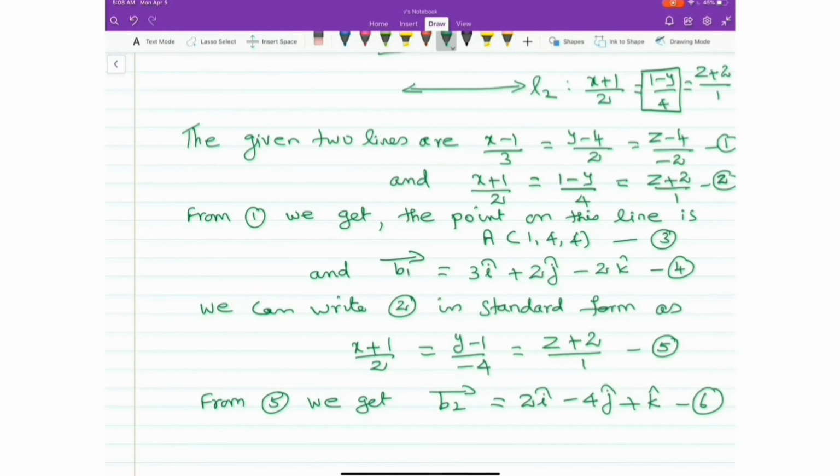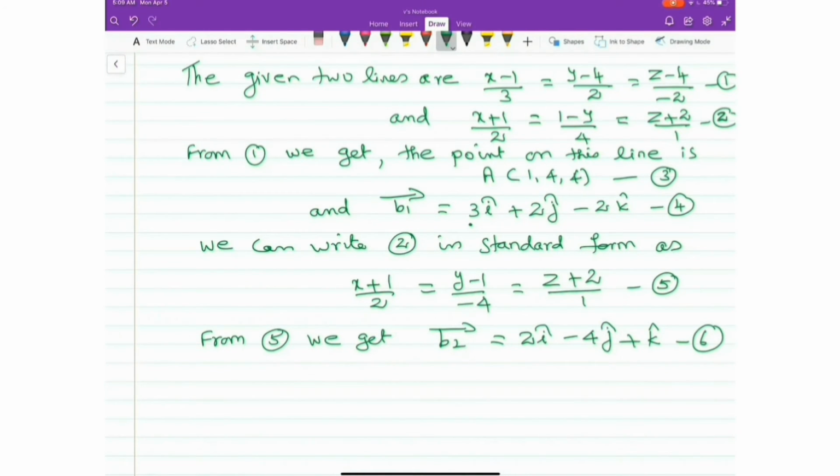Now it is very easy for me to write the equation of the plane in Cartesian form, which is nothing but determinant x minus x1, y minus y1, z minus z1, L1 m1 n1, L2 m2 n2 is equal to 0, where your L1 m1 n1 is nothing but 3, 2, minus 2, that is the coefficient of i cap, j cap and k cap. The same way L2 m2 n2 are nothing but 2, minus 4, 1. Anyway, I will write that also for you.